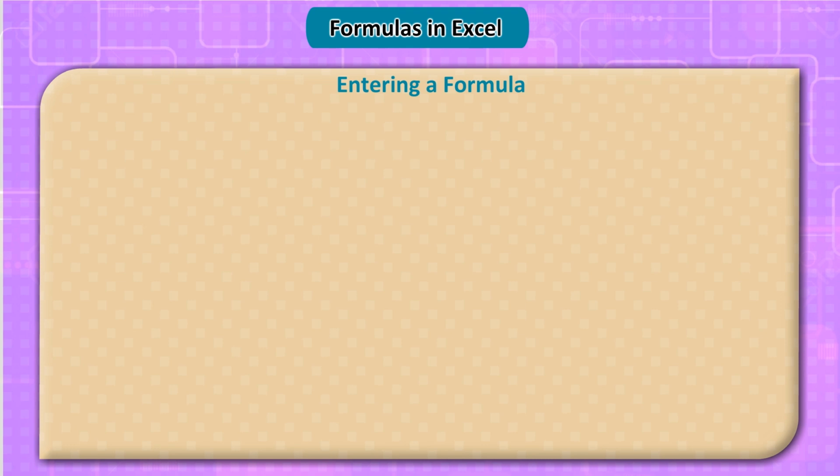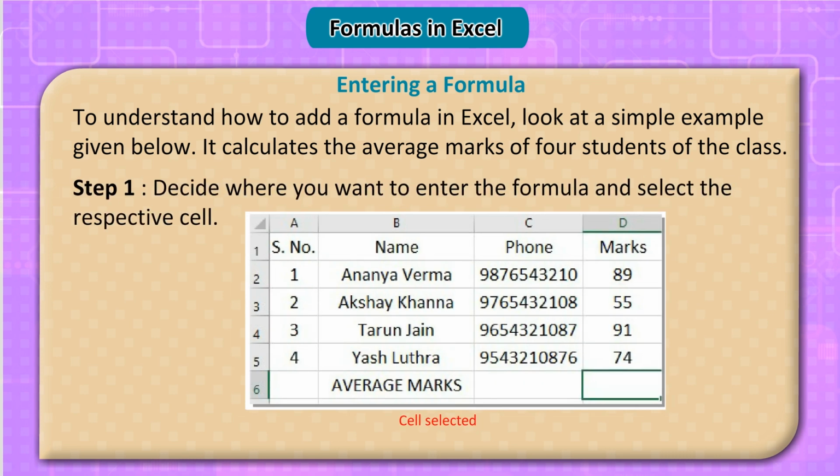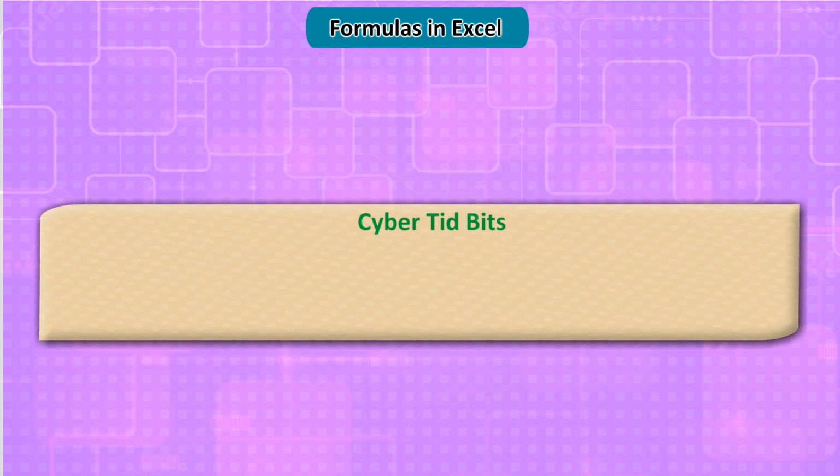Entering a formula. To understand how to add a formula in Excel, look at a simple example given below. It calculates the average marks of 4 students of the class. Step 1. Decide where you want to enter the formula and select the respective cell. Cyber tidbits.